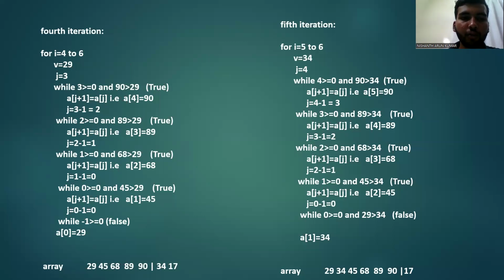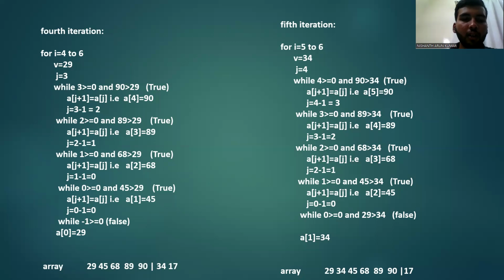j is equal to 2 minus 1 is equal to 1, while 1 is greater than or equal to 0 and 68 is greater than 29, A of j plus 1 is equal to A of j, so that A of 2 is equal to 68, j is equal to 1 minus 1 is equal to 0, while 0 is greater than or equal to 0 and 45 is greater than 29, it is true.